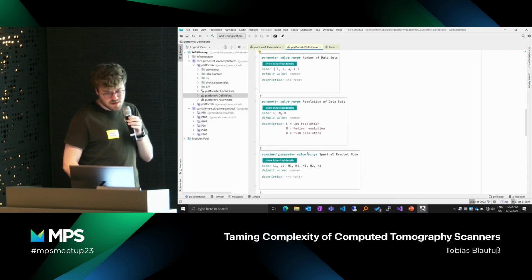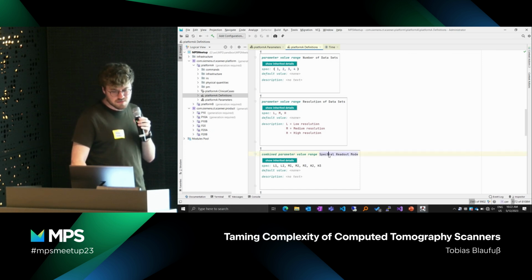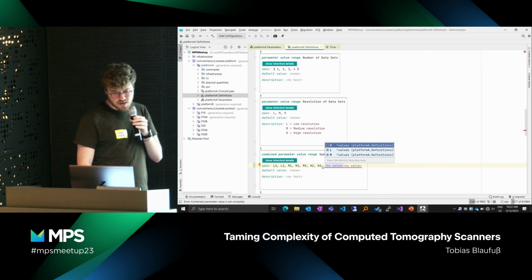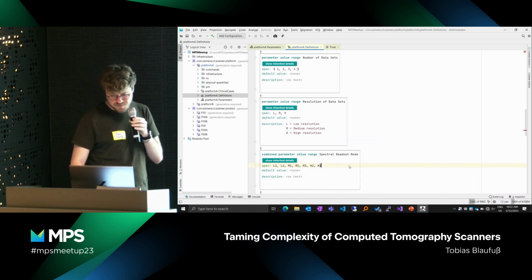So if you have this parameter at the bottom, it's composed out of two parameters, this number of data sets and resolution of data. So when you create a new one here, you have this combined literal, and there the first one is only this number of data sets, and the second one would be this one.